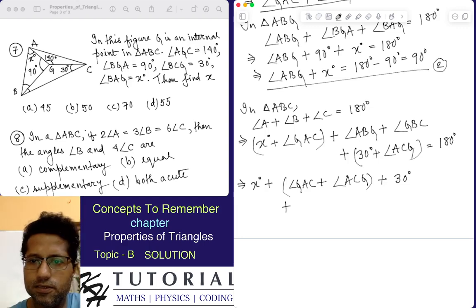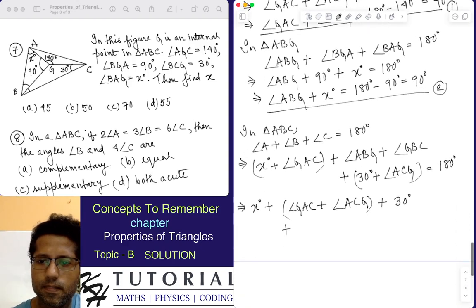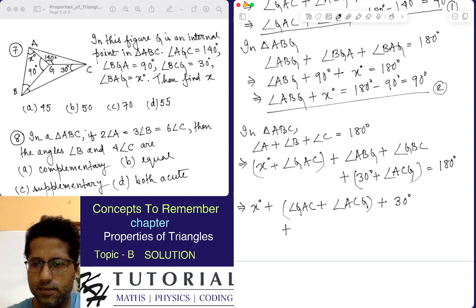What is angle GBC? GBC is 20 degrees. So if we substitute the angle GBC as 20 degrees, we have this and we are left with angle ABG.